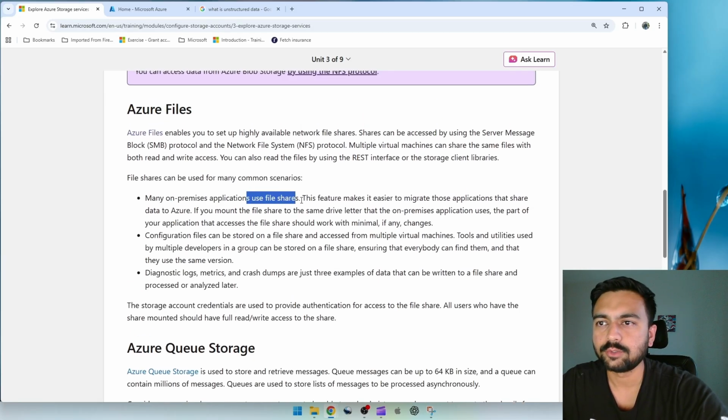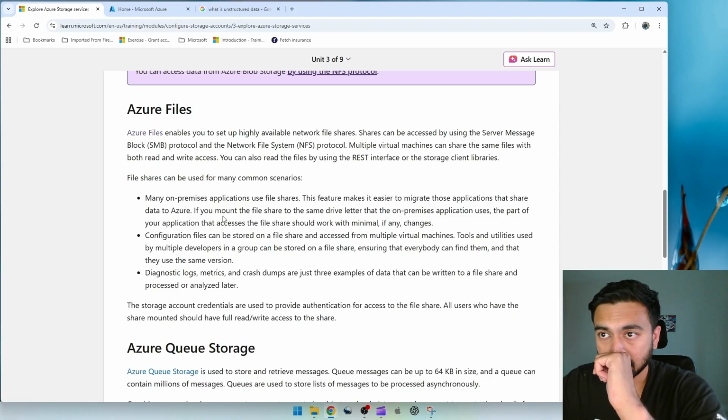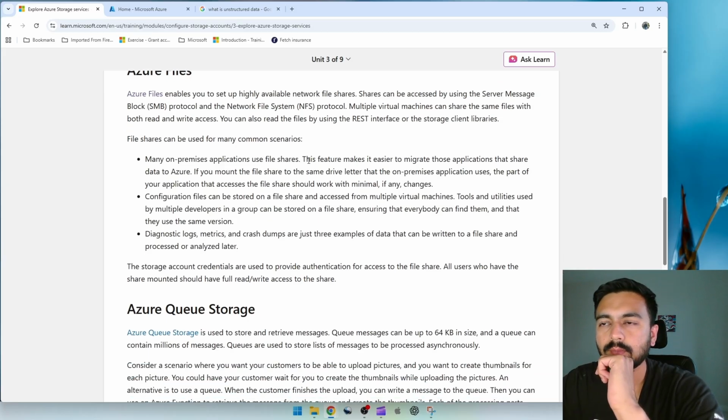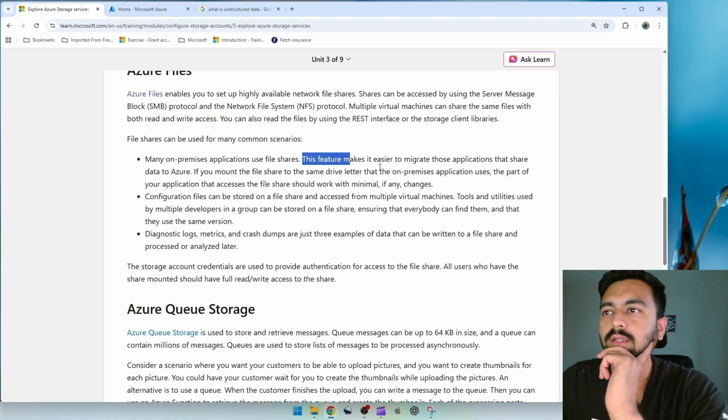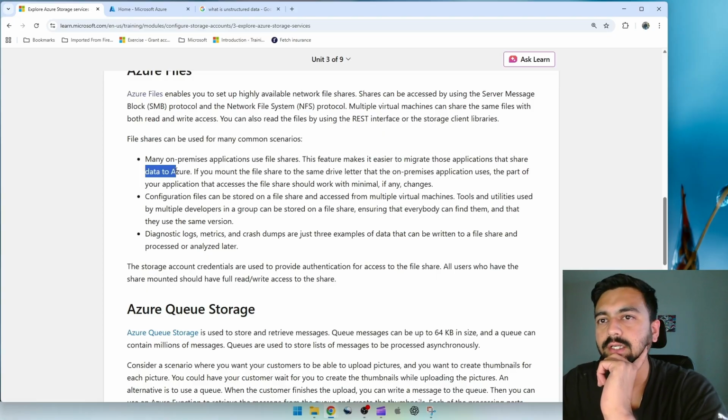Many on-prem applications use file shares. This feature makes it easier to migrate those applications that share data to Azure.